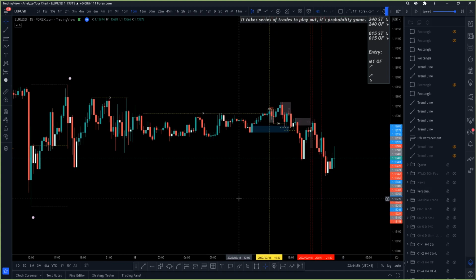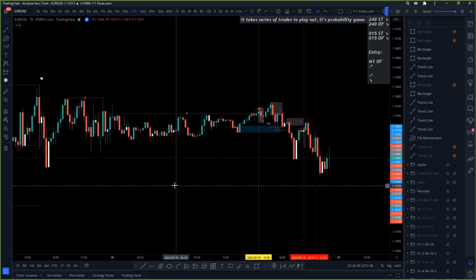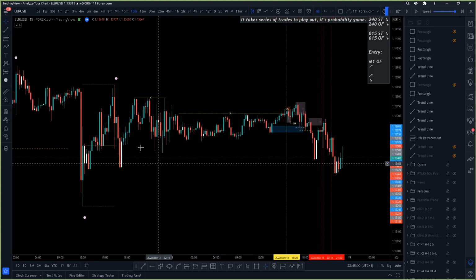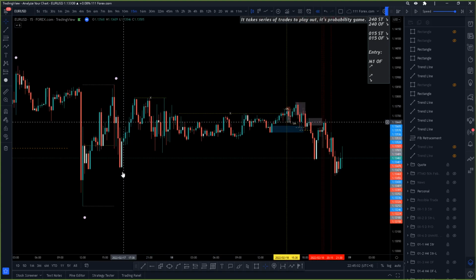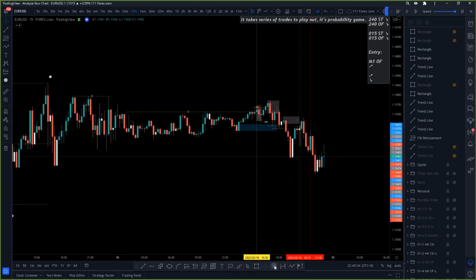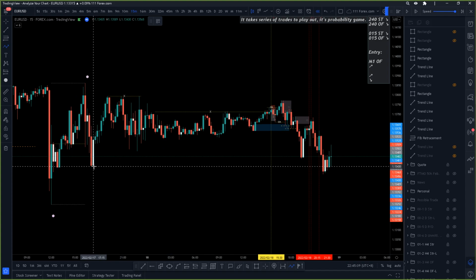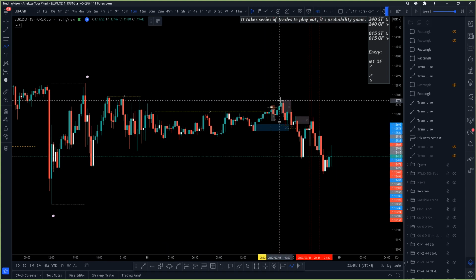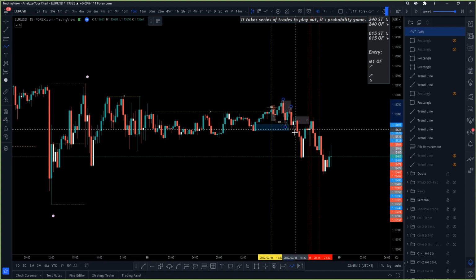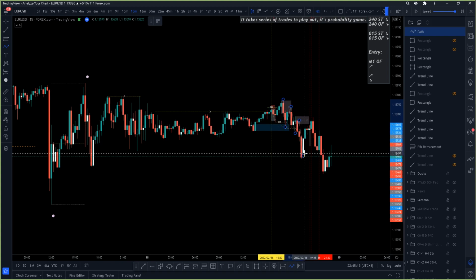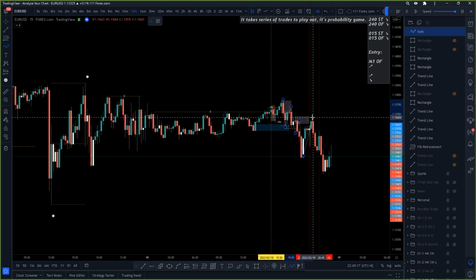So in these cases, the reason I sell is because it makes a change of character. So in theory it should take this low, right? But I think I saw that and saw this making equals.